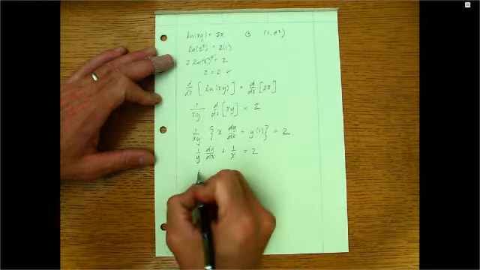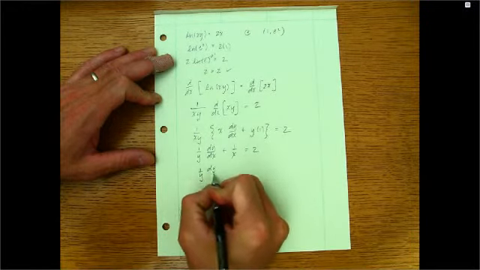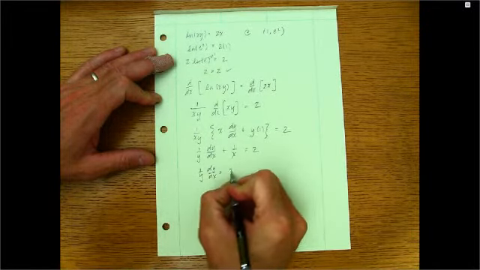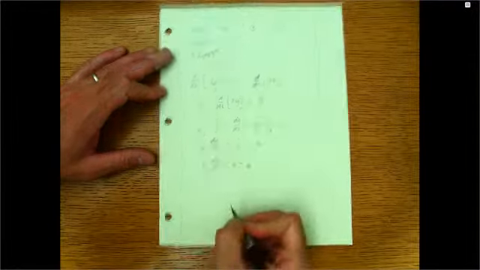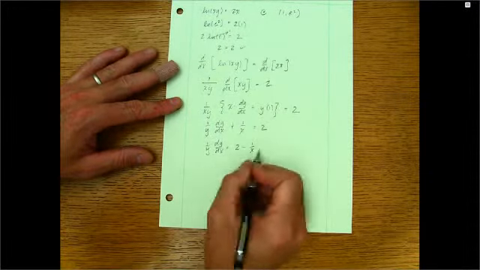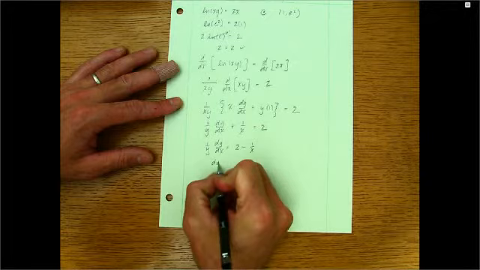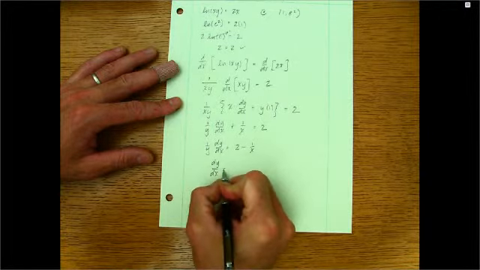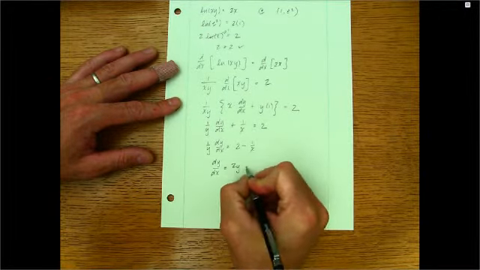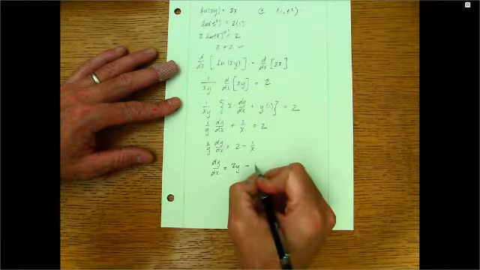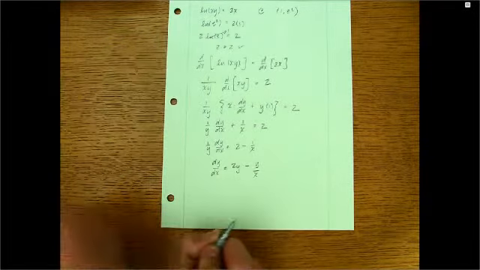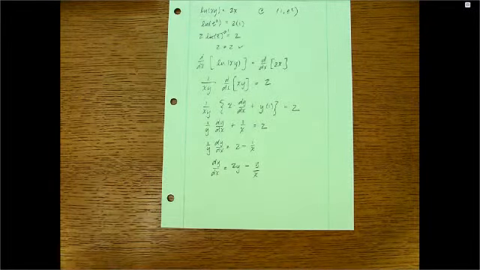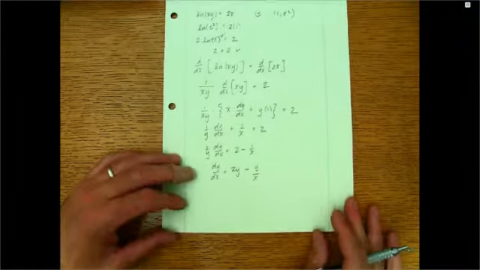Well, that implies then that 1 over y dy dx is equal to 2 minus 1 over x. And then multiplying everything by y on the right-hand side, we'll end up with dy dx equal to 2y minus y over x as my derivative of this implicit function.